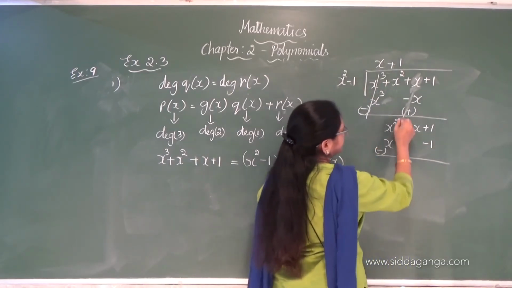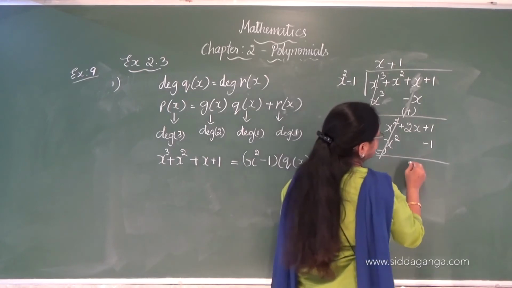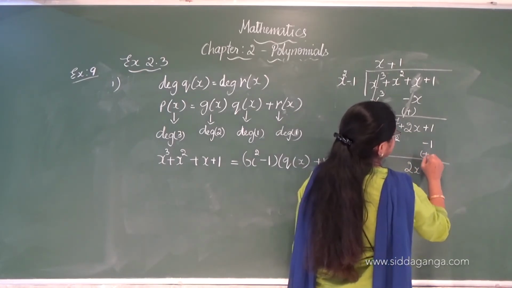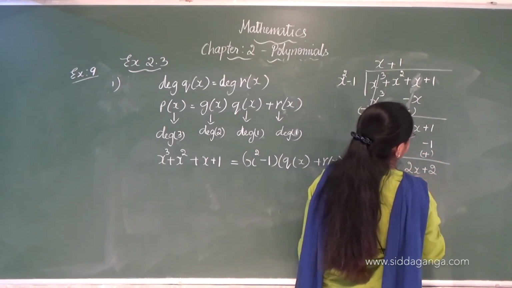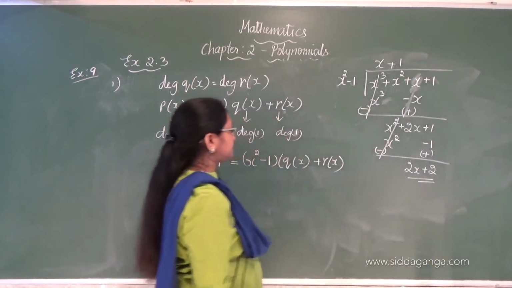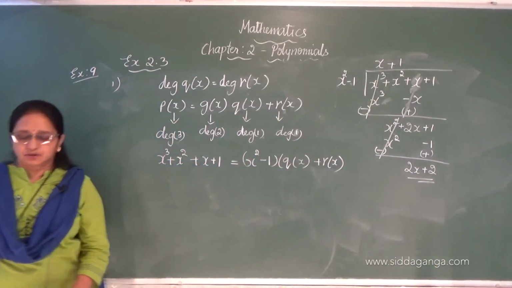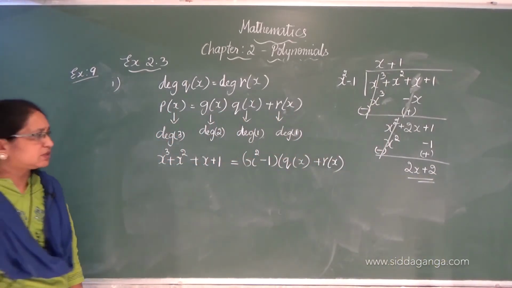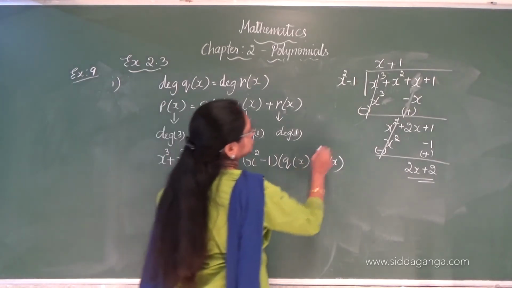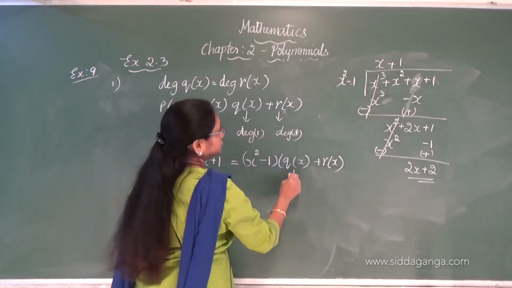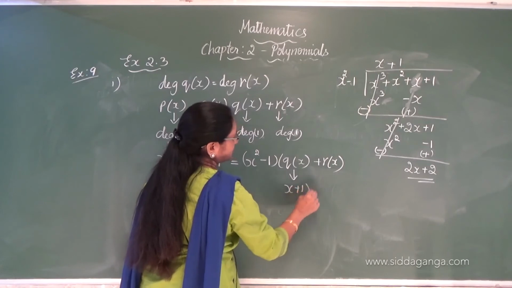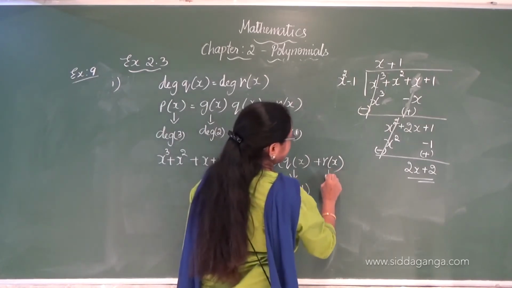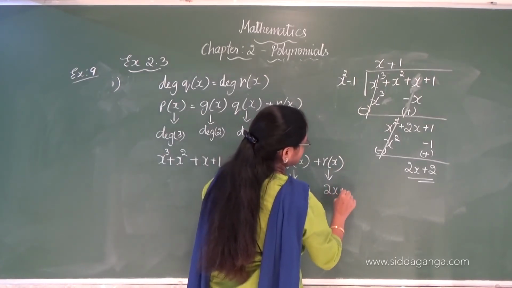Change the sign, this gets cancelled, plus 2x, and change the sign, plus 2. Okay, now you got q of x as x plus 1 and r of x as 2x plus 2.